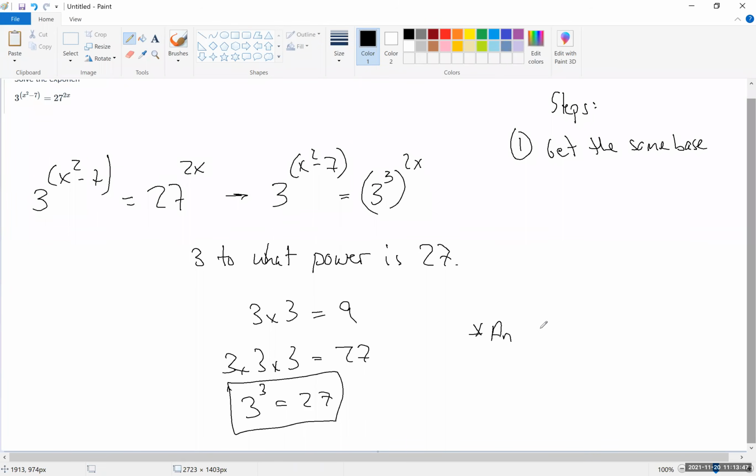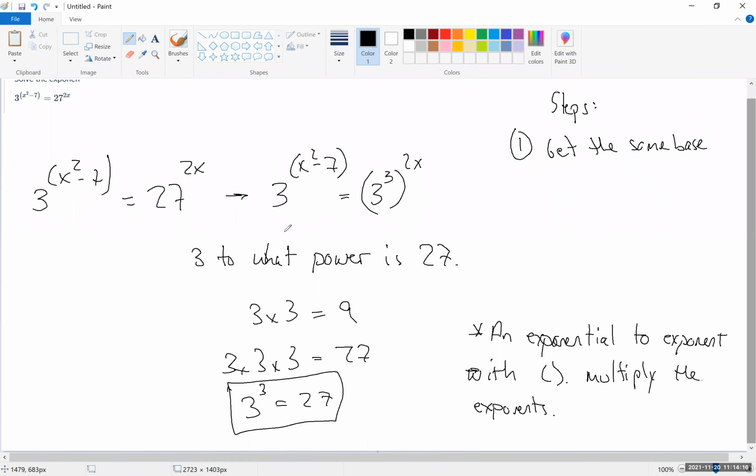An exponential to an exponent, what do you do? You multiply, and you have to have parentheses. You multiply the exponents.